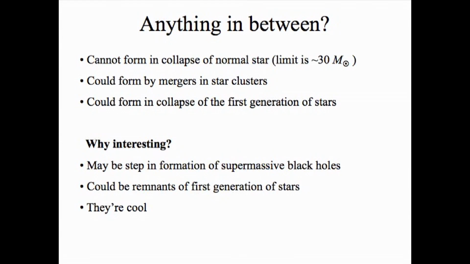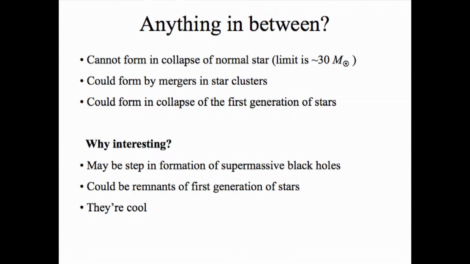Well, it's sort of important to note that if you want to make a 1,000 solar mass black hole, you can't make it in the same way you make a 10 solar mass black hole. Because a 10 solar mass black hole, we know how to make it. You take a star, you let the star burn out to the end of its life, it supernovas, the core at the end implodes, and you get a black hole there.